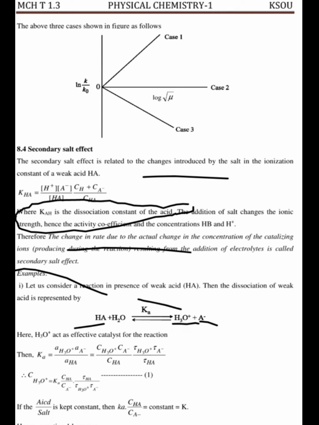Then Ka is equal to this equation, that is equation 1, the dissociation constant. Further, Ka can be denoted as the dissociation constant, and CH3O is the catalysis of hydronium ion. HA is the weak acid.